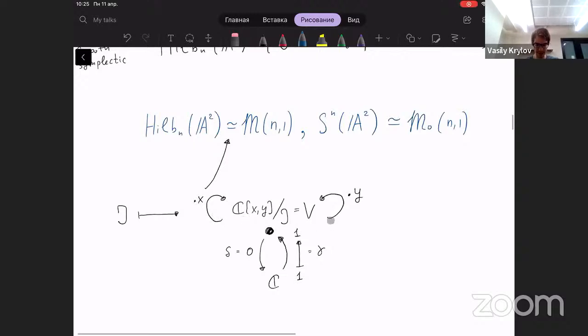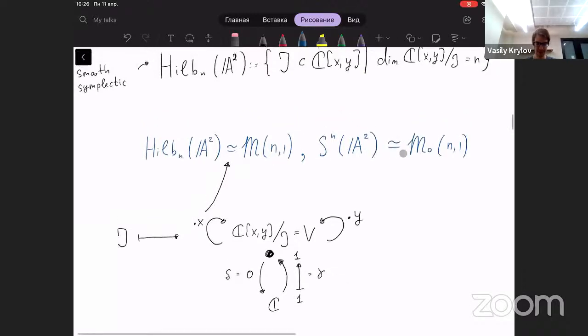Operator y is multiplication by y on this quotient. Delta will be just 0, and gamma will send 1 to 1 here. Okay, any questions about this isomorphism?